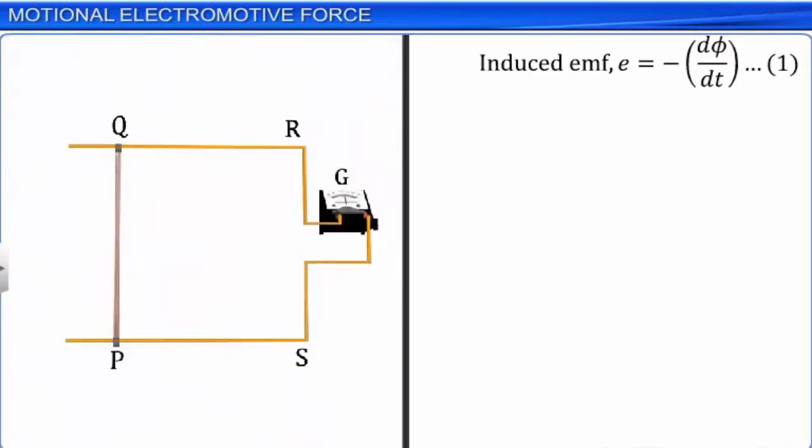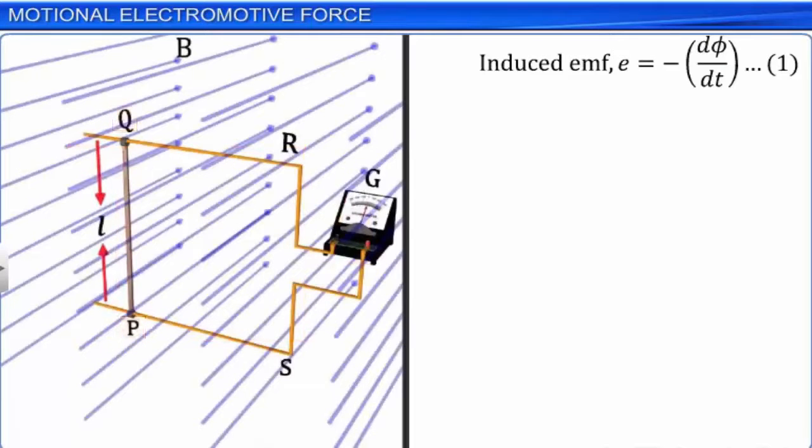For a time-independent magnetic field, the magnetic induction B remains constant both in magnitude as well as direction. Let the length of PQ be L and that of RQ be X. Let the conductor PQ move towards the end SR with a constant velocity V.